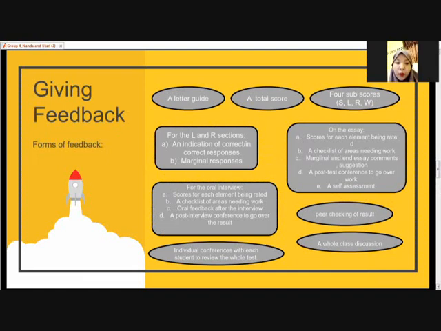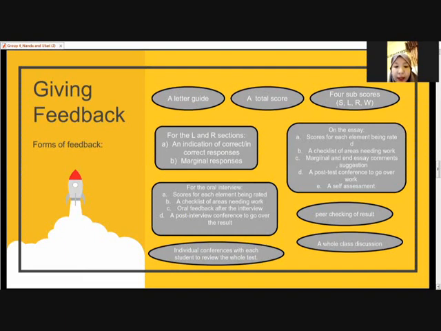Yeah, and then we continue to give feedback. There are three forms of feedback. The first is the letter grade, the second is the total score, and the third is sub-scores. Okay, for the listening and reading sections, it includes the indication of correct or incorrect responses.